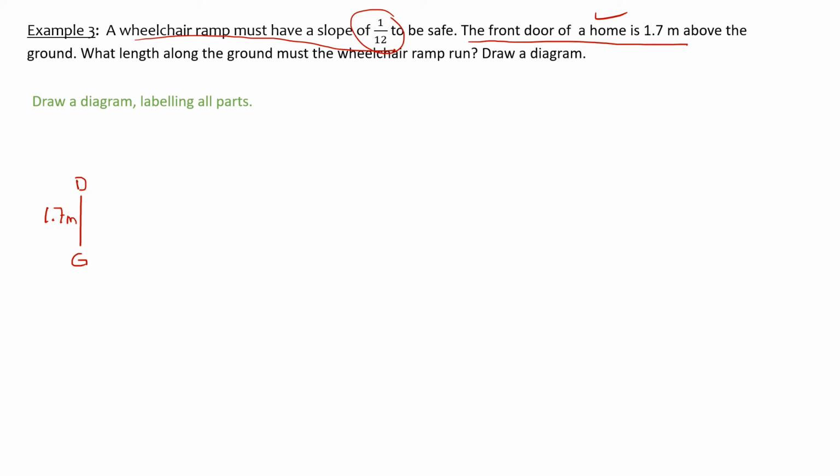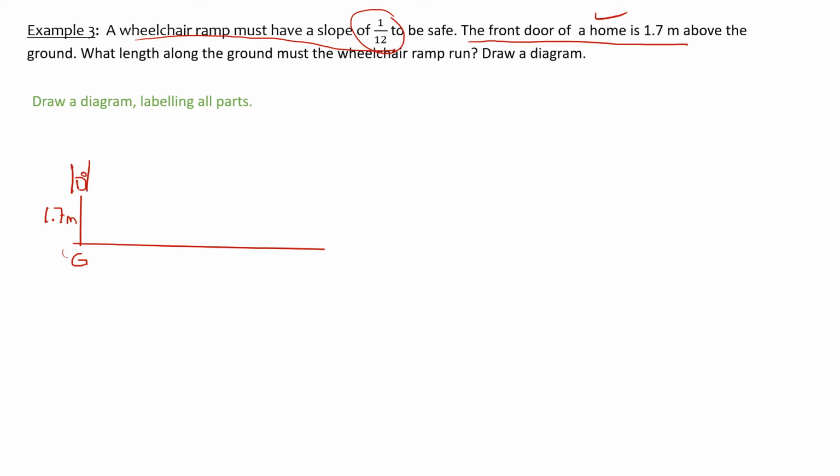So the wheelchair ramp, a ramp, definitely. We're going to draw the ground here. Let's see if I can do this. Whoops. So we should be getting a straight line here. There's the ground. That's supposed to be level. And we need somebody to get in this front door here. There's a front door.